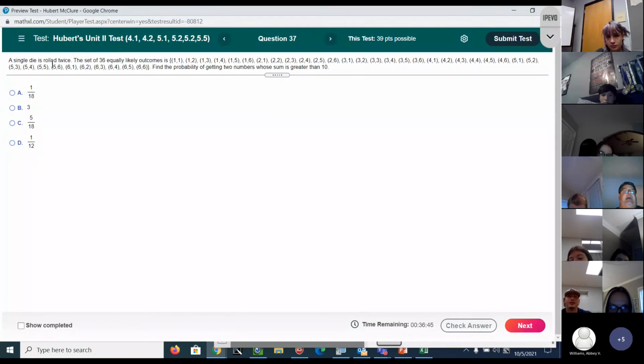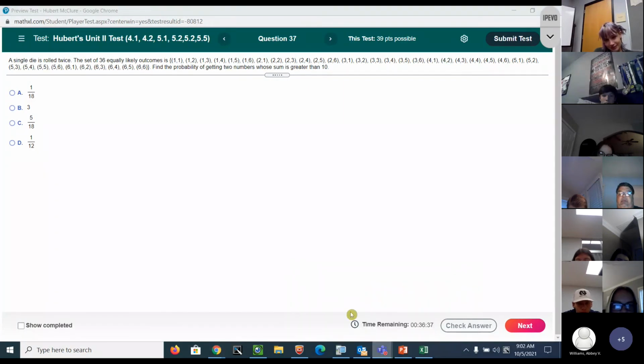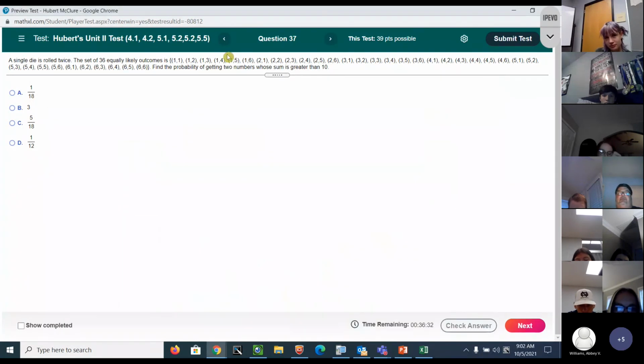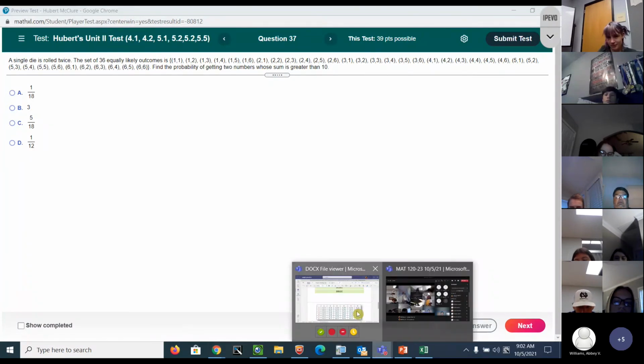A single die is rolled. That's the sample space. I'm not going to go through the sample space again, but here it is. It's right there. I'm going to let y'all do that. That's basically what all these numbers are. Find the probability of getting two numbers whose sum is greater than 10. Where is your sum greater than 10 on here?